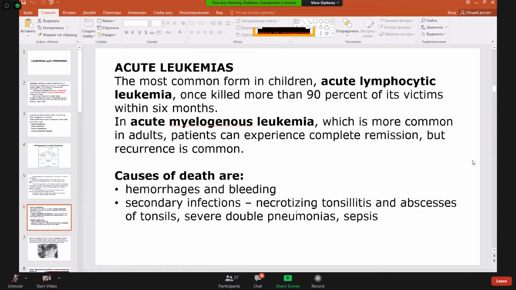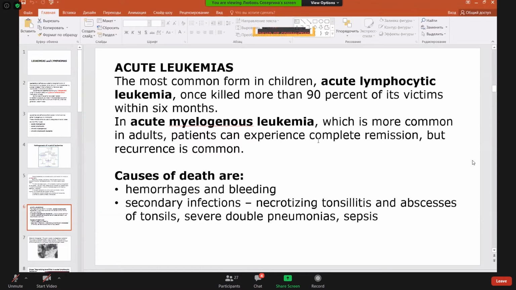Acute leukemias very often can be found in children, especially acute lymphocytic leukemia. And you see, this leukemia is very aggressive, and this leukemia can kill more than 90% of the patients within the first 6 months. And in acute myelogenous leukemia, this is more or less mild.